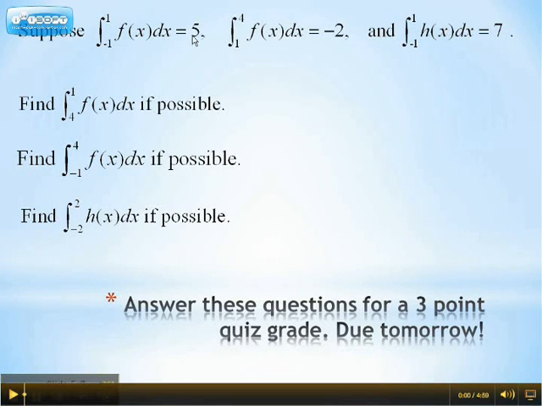If you know these 3 facts, are you able to find these 3? And if you are, then actually find them. So I want you to find the answers to these 3 questions. Some of them may be possible, some of them may not be. When you're done, add that to your other 3, your 7 derivatives. You will then have a 10-point quiz grade tomorrow when you walk in the door.